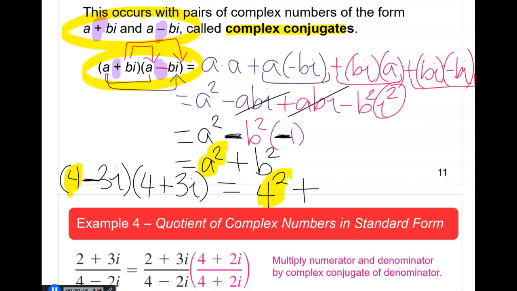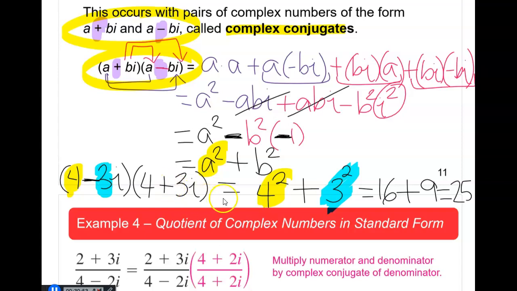Then we add the coefficient of the imaginary part, the 3, squared. Here we don't really care if it's a positive 3 or a negative 3, because once we square it, we get the same number, which is 9. 3 times 3 is 9, and negative 3 times negative 3 is also 9. So 4 squared is 16, 3 squared is 9, so that will equal 25.